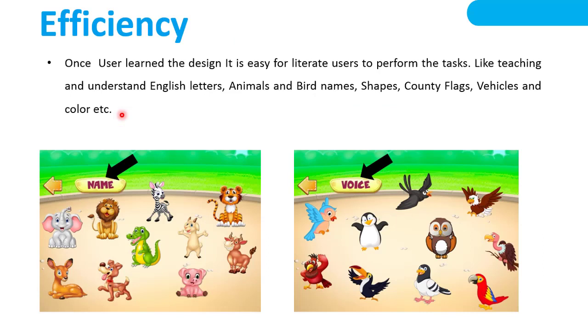So the animal category includes the name and voice, same as the bird category includes the name as well as the voice.